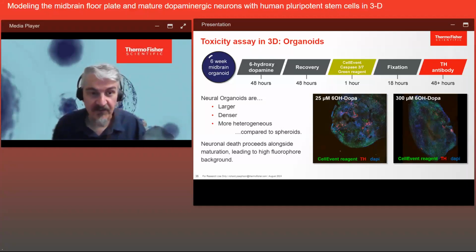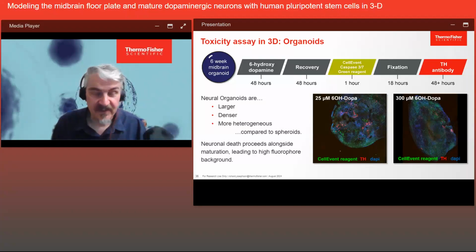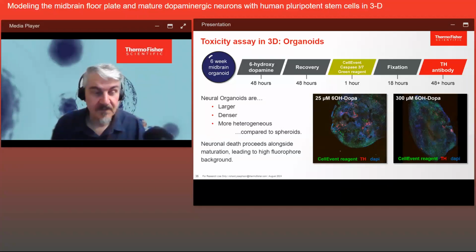Then after an hour, fix the probe products in place and conduct immunofluorescence to detect TH to find our dopaminergic neurons. What we'd like to see is both an increase in the CellEvent fluorescence with an increase in the 6-hydroxydopamine dose and a decrease in the number of surviving TH-positive dopaminergic neurons.